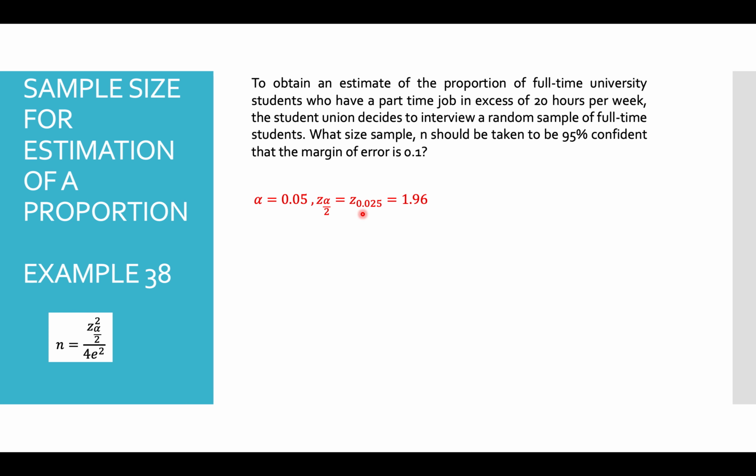So z alpha over 2, which is z 0.025, is 1.96, and the value of e, the allowable error, is 0.1. You plug into the formula, and finally we get 96.04, and you should round up to the next whole number, which is 97. So the sample size needed for this case is 97.